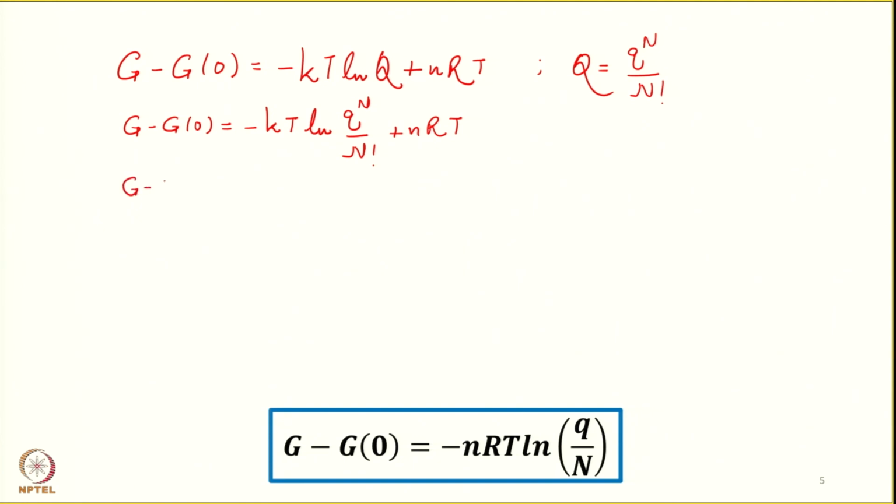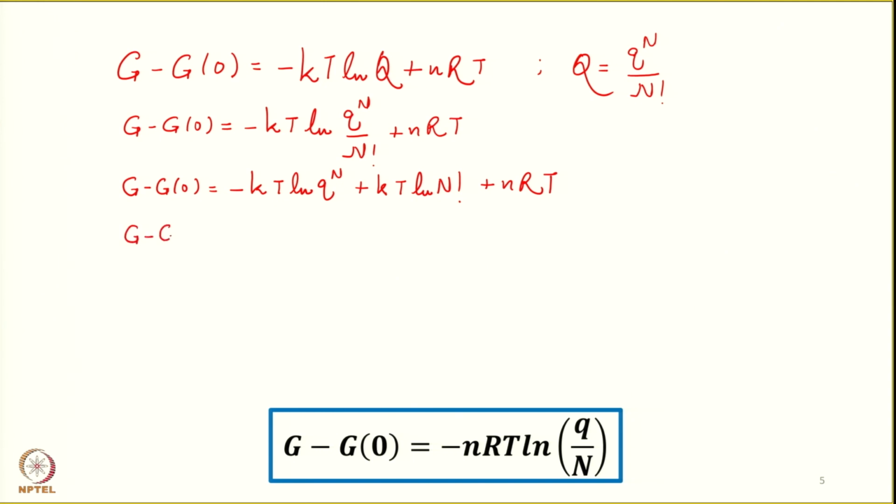Let us continue. G minus G0 is equal to minus kT log Q raised to the power n plus kT log n factorial, because n factorial is in the denominator, plus nRT.